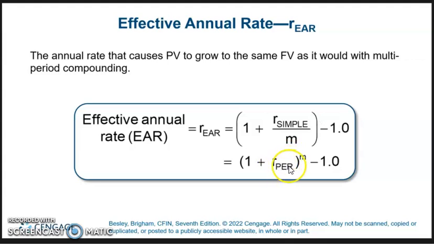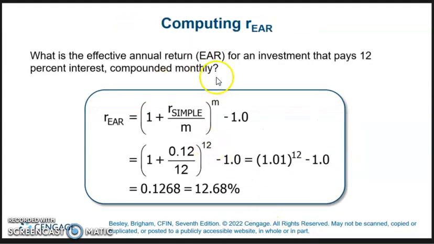We can also use our periodic rate to the M. So for example, on the next page we have 12% compounded monthly, so it's 1 plus 0.12 divided by 12, to the 12th power, minus 1. So that's 0.1268, or 12.68%.